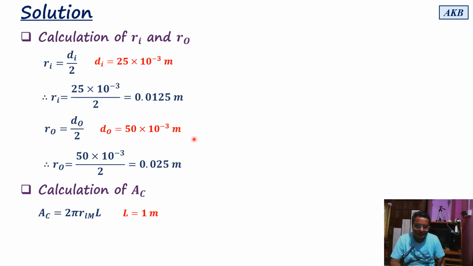In this case, L is 1 meter, since we are supposed to find the rate per unit length. So that's why length is 1 meter. r_LM we have to calculate from RI and RO, which are now known to us.